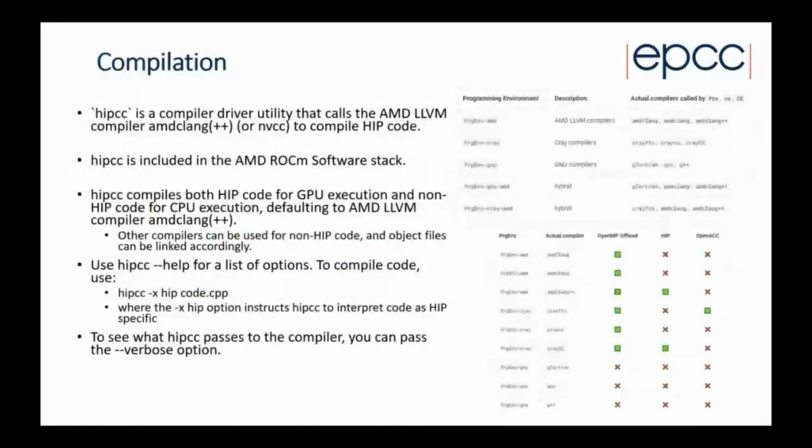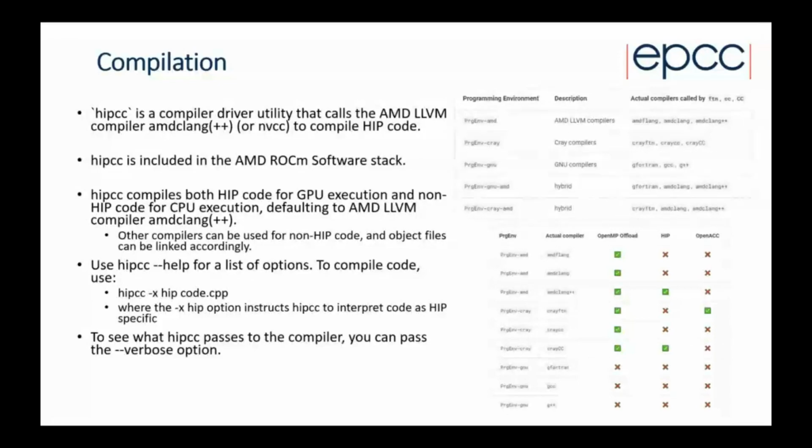Okay, compilation can get a little bit tricky. For HIP, we have HIPCC, a compiler driver utility that calls the AMD LLVM compiler, AMD Clang, or NVCC if we're targeting NVIDIA GPUs, to compile HIP code. HIPCC is included in the AMD ROCm software stack.